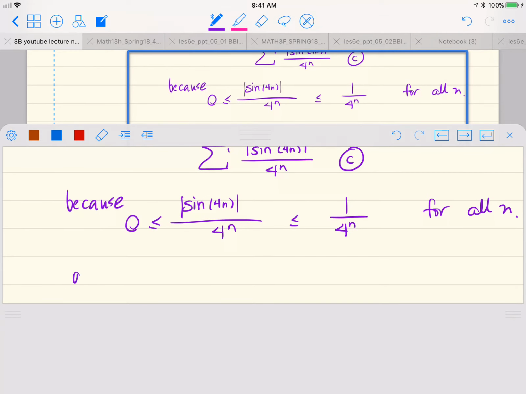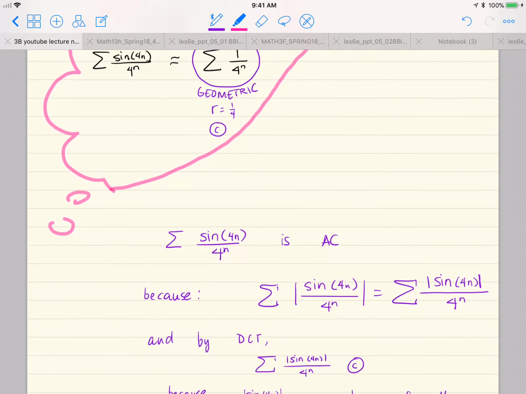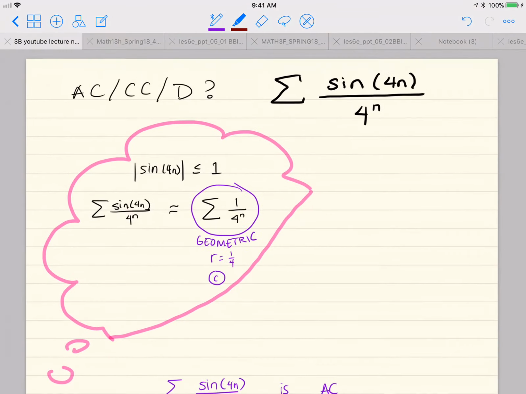And so our geometric series is going to converge. So there we go. The series is absolutely convergent. That's our answer, AC.